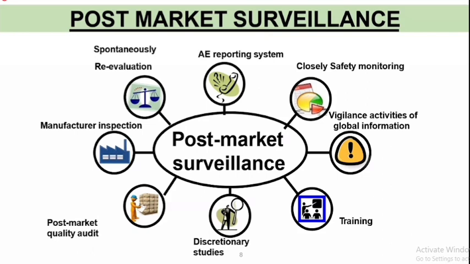Training is an important part of it. Then studies are an important part of this. Post-market quality audits are also a part of post-market surveillance studies. Manufacturer inspections and spontaneous re-evaluations. All these are the important mechanisms of post-market surveillance. To achieve the objectives of post-market surveillance, these mechanisms are employed.